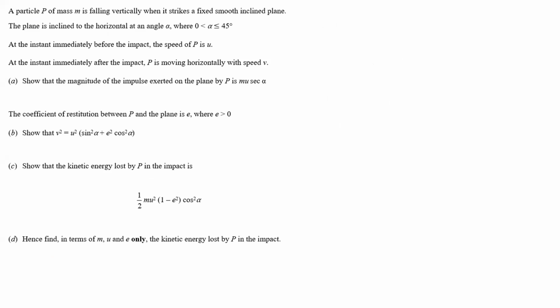Right. Particle P of mass M is falling vertically, strikes this fixed, smooth, inclined plane. The plane is inclined to horizontal, where alpha is between 0 and 45. And then it rebounds off the plane and it's moving horizontally.